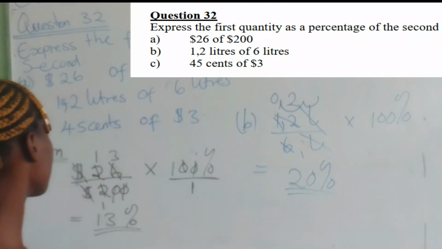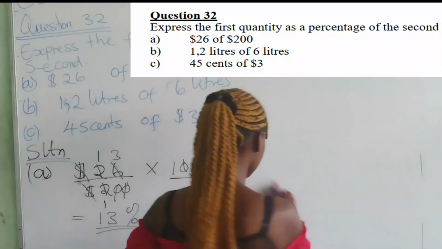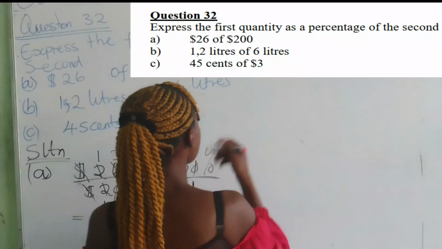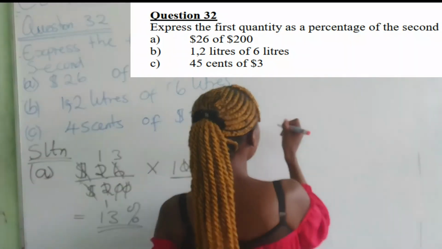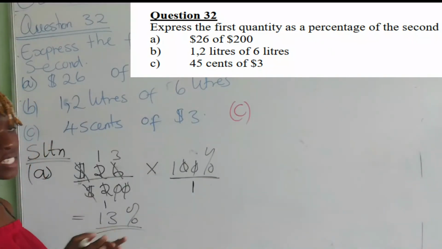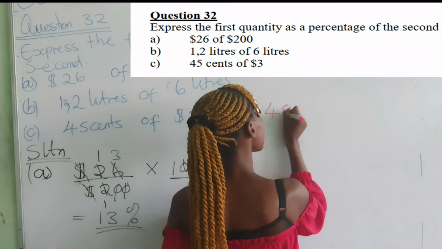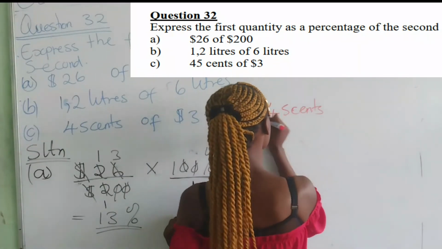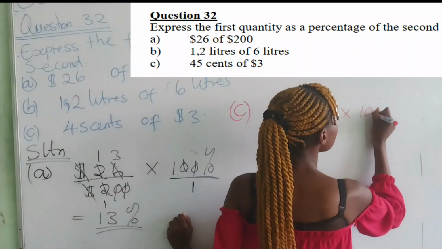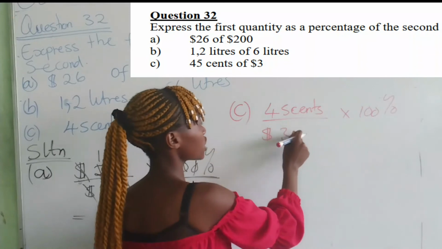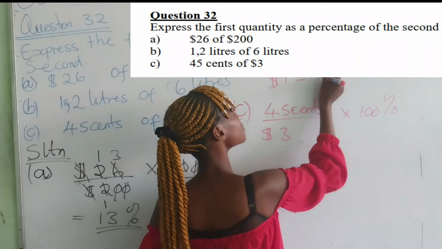Then for our C, 45 cents of $3. Okay, now notice that we have got different units, so we have to use the same units. We have to change the units, okay? So we know that $1 is equal to 100 cents.